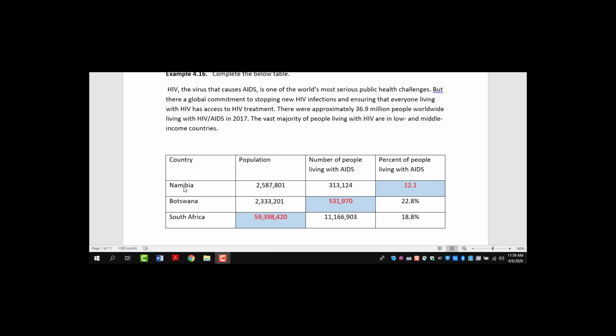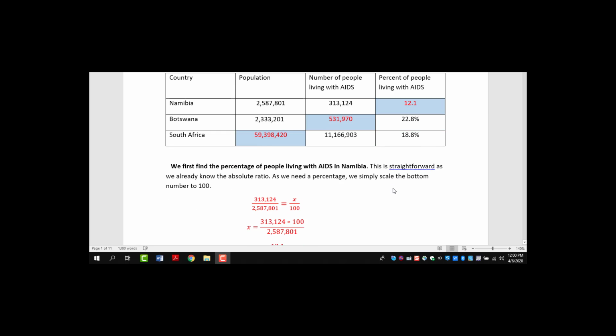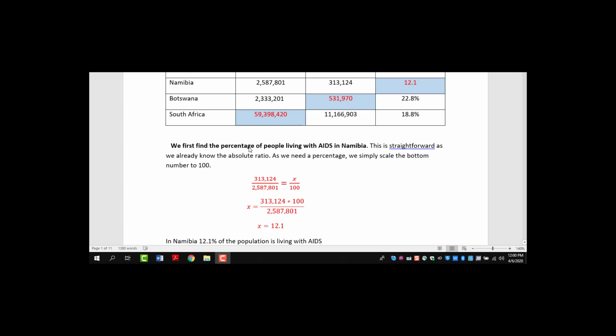Okay, so the first one is Namibia, and we know the population and we know the number of people living with AIDS. So what we're trying to find out is what percentage of people are living with AIDS. This is straightforward. This is like the last section where you had 45 correct out of 50 problems on a math test.